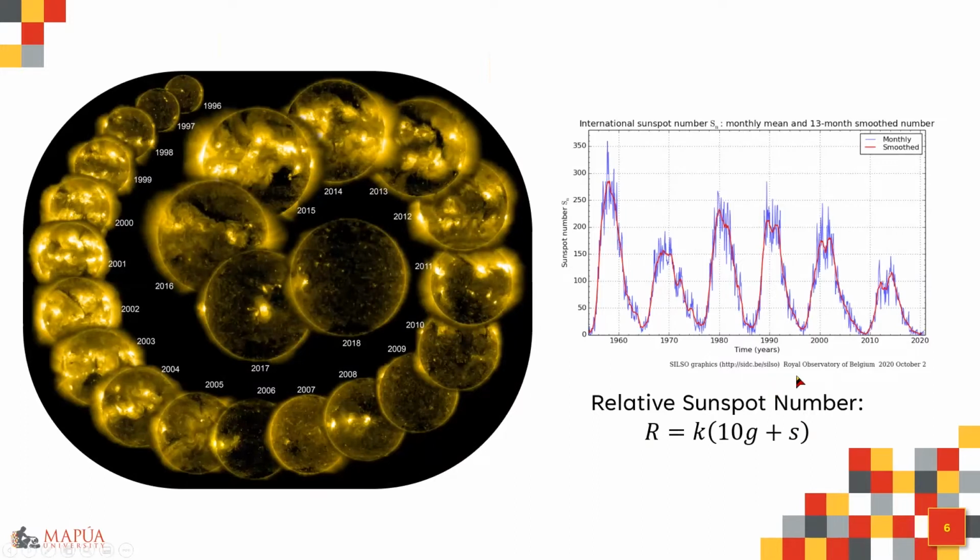The sunspot numbers follow an 11 to 13-year period. We call that period the solar cycle, and that is directly related to the solar dynamo.